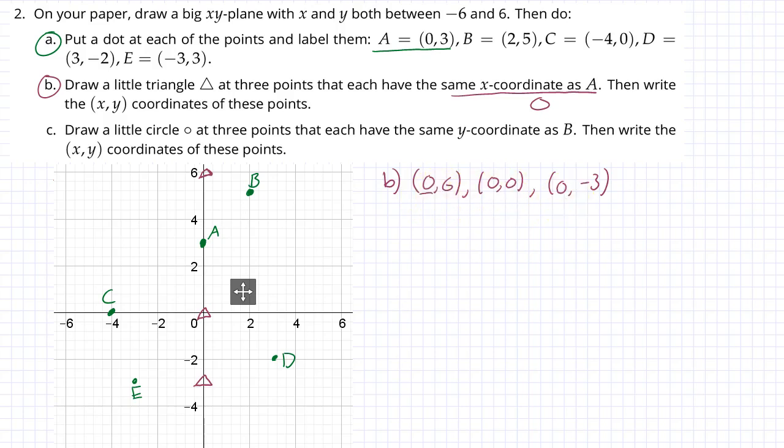C is to draw a little circle at 3 points that have the same y coordinate as B. Okay, so the same y coordinate as B means you go up or down by the same amount. So there's 1 point here. That's actually a point that has the same x coordinate as A and the same y coordinate as B, but that works.